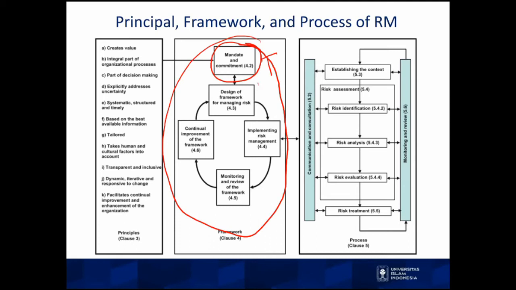This one is the plan section, this one is the do, this is the check, and this one is the act or follow up. The clause numbers for each component of plan, do, check, act can be found in clauses 4.3, 4.4, 4.5, and 4.6.